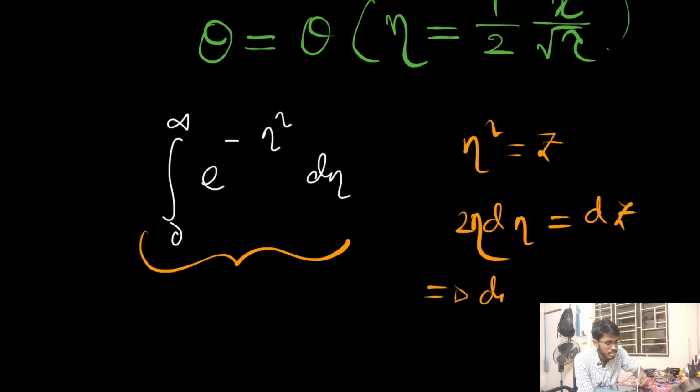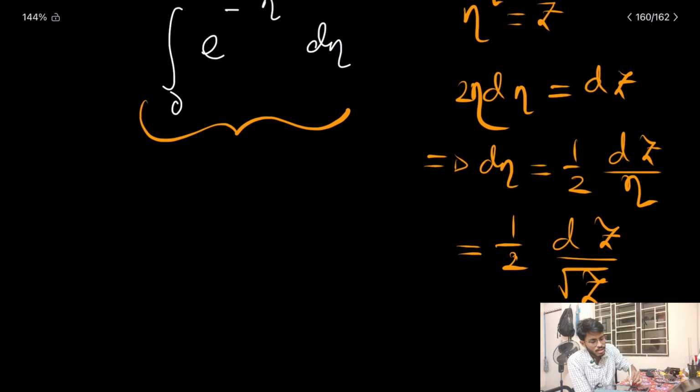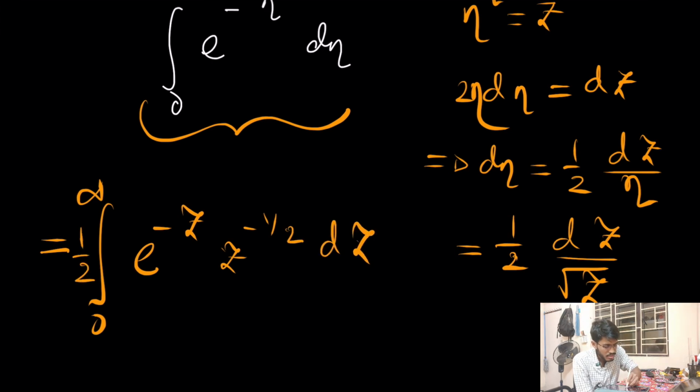That means my d eta is equal to half dz by eta, right? And eta is equal to root z, right? I will substitute this one. This will be integral 0 to infinity, e to the power minus z, z to the power minus half, and 1 half is there, so this will be dz.